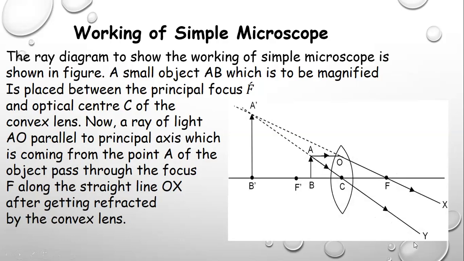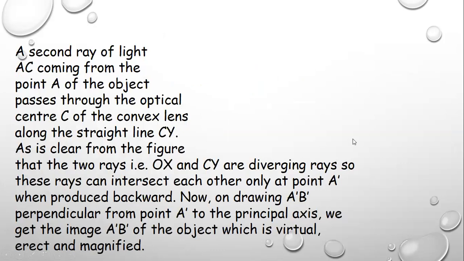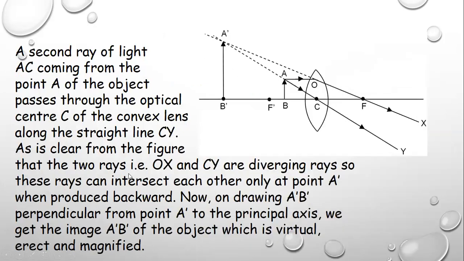You can clearly see that OX and CY both are diverging rays. They will never meet on this side. But if I produce them back, they will meet at some point. Now you can see this is where the two rays meet, and the image forms. So you can see that A dash B dash is the image, a virtual and magnified image formed in the lens, and you are able to see that magnified image.